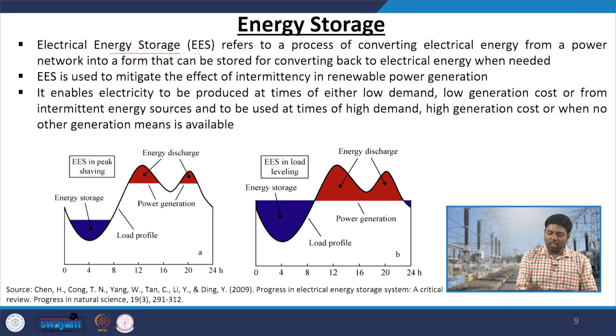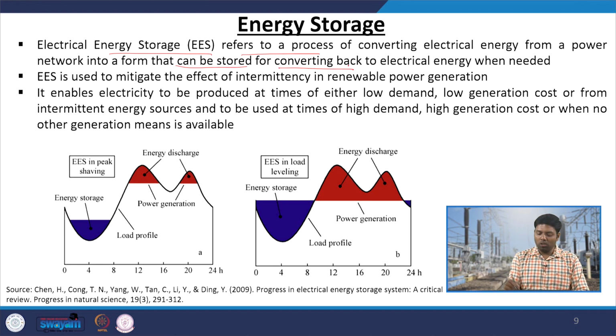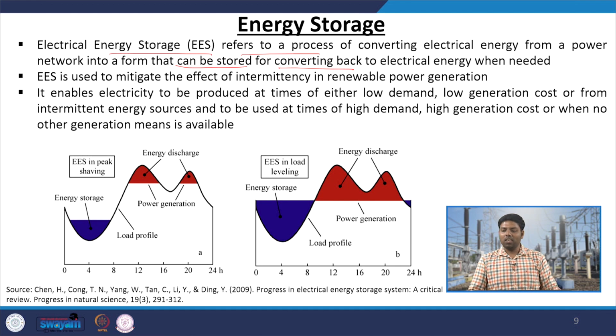So, electrical energy storage refers to a process of converting electrical energy from a power network into a form that can be stored for converting back to electrical energy when needed. What does it mean? When you have excess energy, you store that energy in a different form and then again convert it back to electrical energy when you need it.